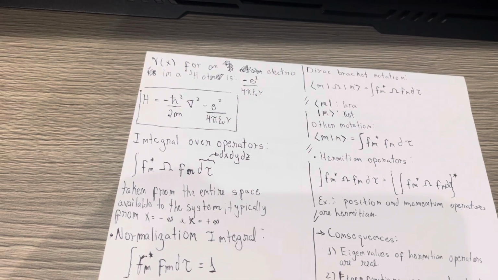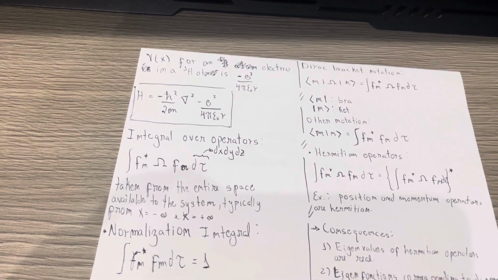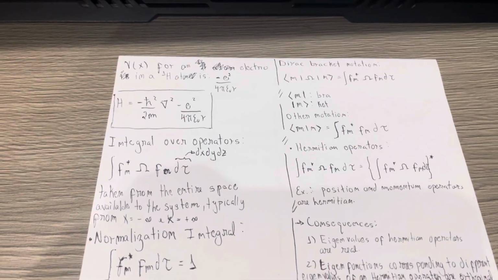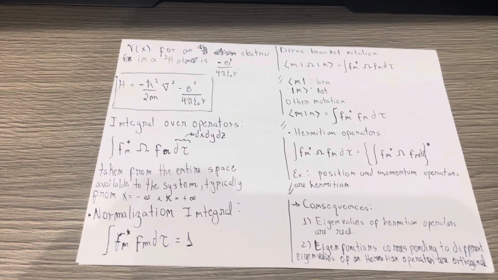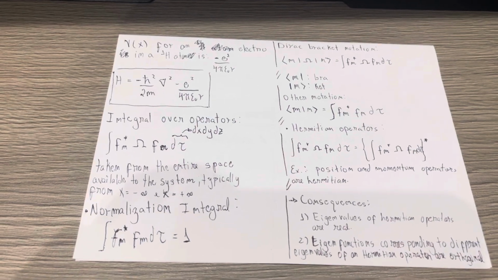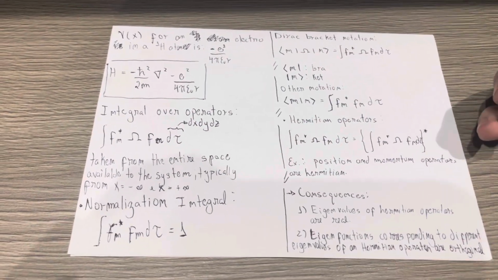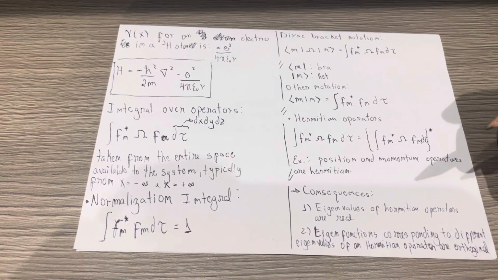So the entire space is x going from minus infinity to plus infinity. And okay, I was a little bit scared about this, but I could understand.